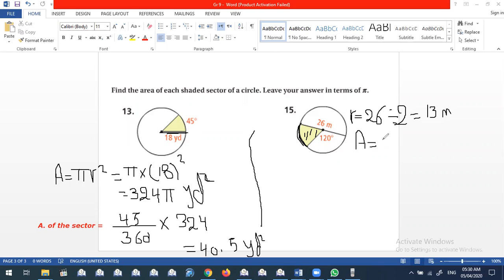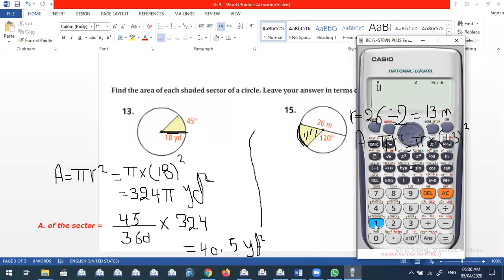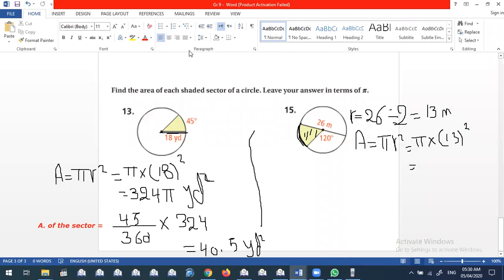Area of the circle equals pi r squared. So it will be pi times r, here 13 to the power of 2. Let's find 13 to the power of 2, 169. So the area of the circle is 169 pi.